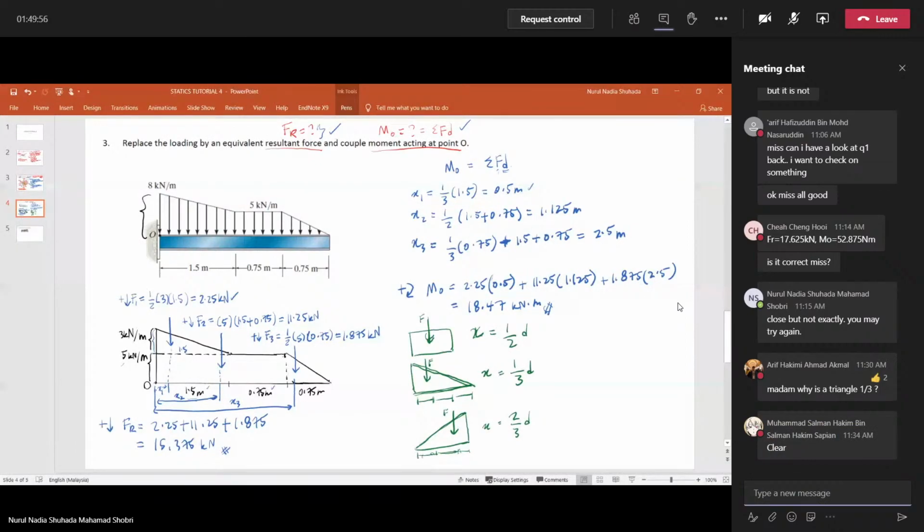It depends on the position of the force. Usually it's like this. So we already get the answer for the resultant force, and this is the answer for the moment. Do you guys have any questions?